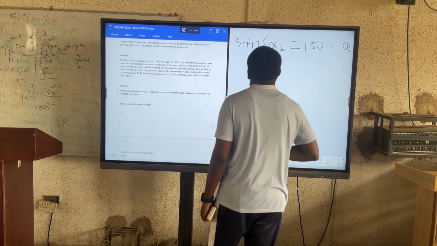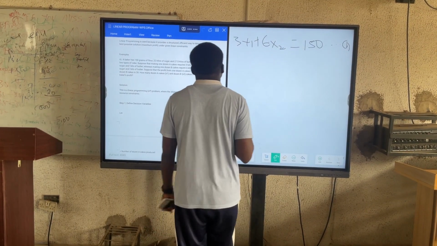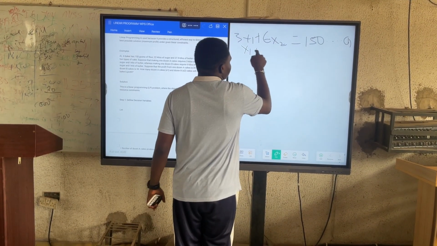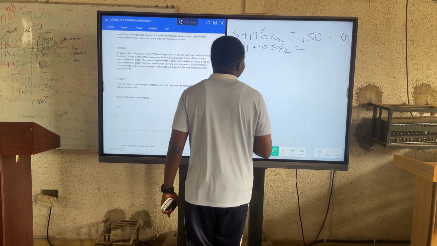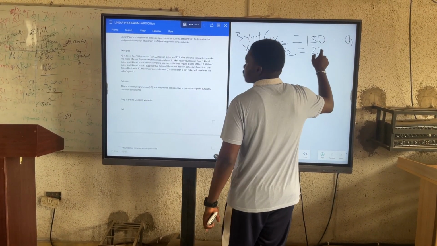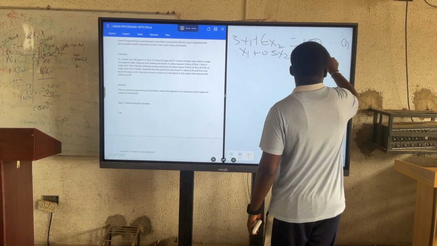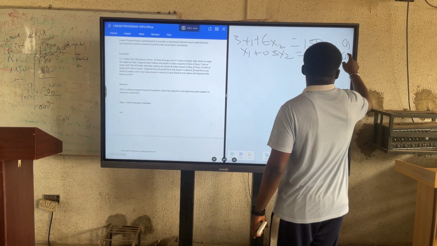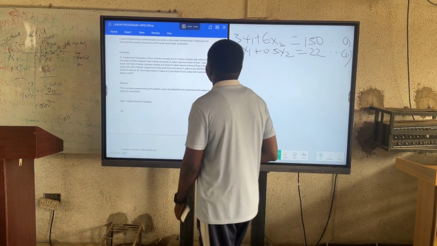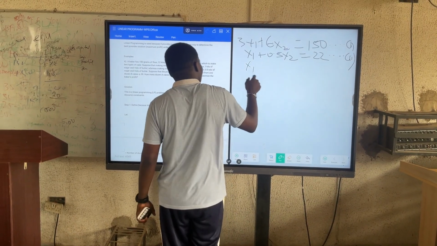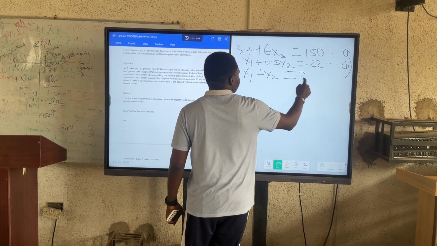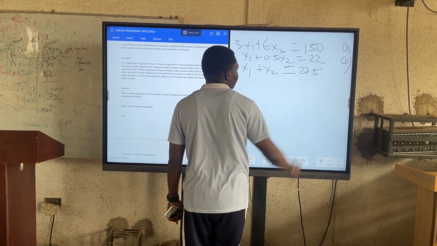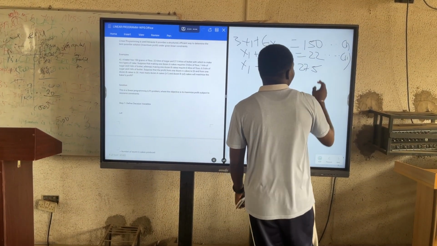The next one, x1 plus 0.5x2 equals 22. This is equation 2. And the third, x1 plus x2 equals 27.5, equation 3.